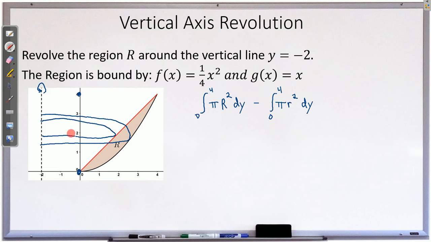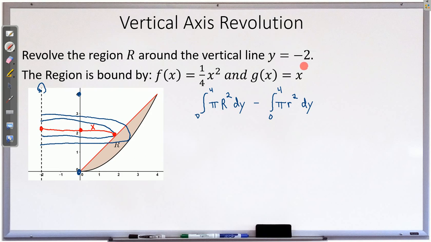But the radiuses are changing. The value for each radius is going to be bigger now. So your small one goes from here all the way to there. And so one way to think about this is big minus small. So your big value minus your little value. Numbers to the right are bigger than numbers to the left. So you're going to take this x value, so from here to here is still x, and subtract off this value.